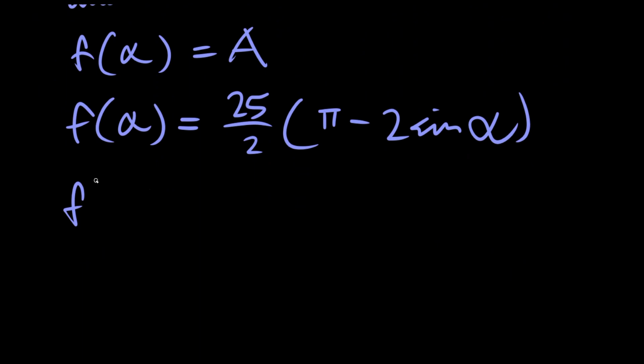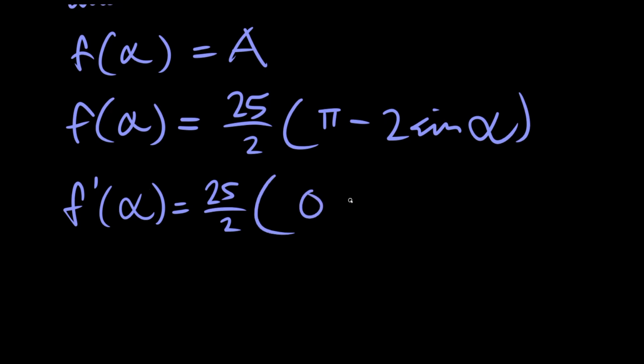So the derivative of this is the same as the derivative of this part multiplied by 25 over 2 afterwards. So let's find that. So pi is going to go to 0 minus 2 cosine alpha. And this is our derivative.